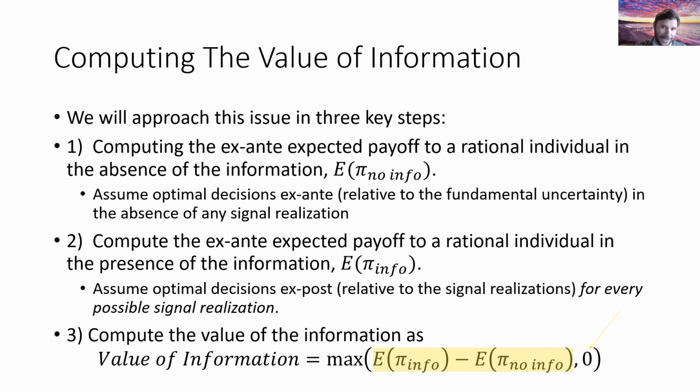So if that term in the yellow box was to be negative, the max function makes sure that the value would still be 0. And that's because information can't really make you worse off in this context. If it lowered my payoff when I used it, I would just choose to not use that information. I would ignore that information.